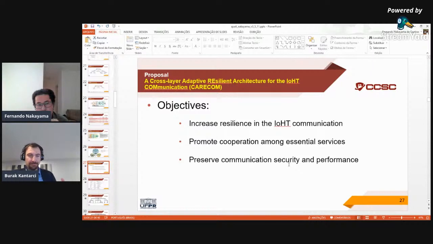Can you tell me what are you trying to improve here? I understand promoting cooperation among essential services as an objective, but if you're selling this to someone, how are you going to quantify your results? So that's something I'm still not clear about.